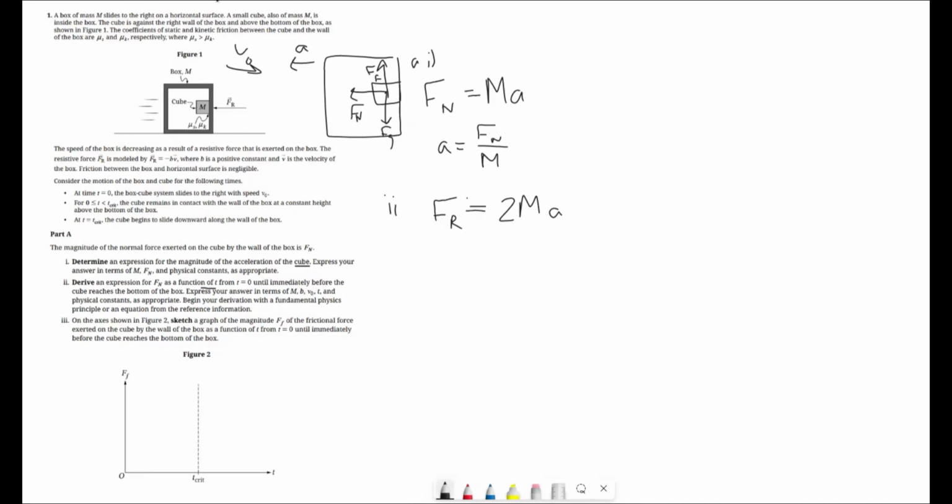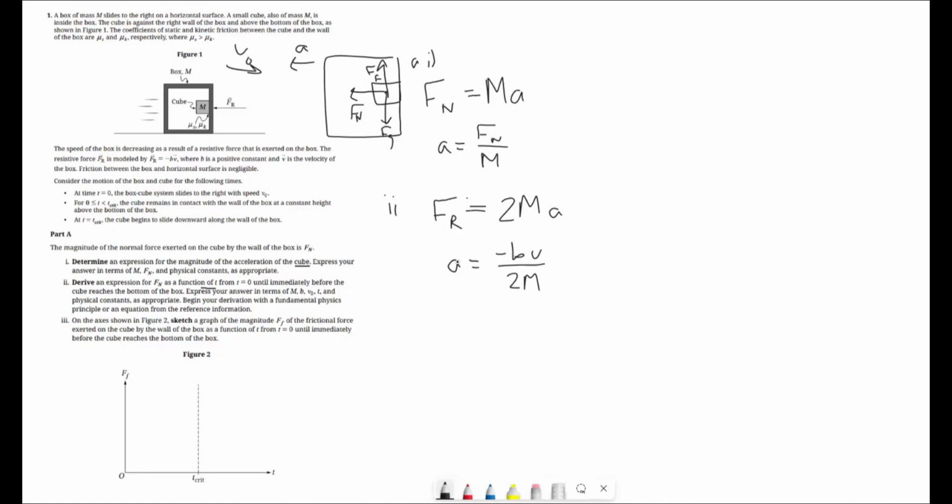Now this acceleration is going to be the same acceleration as the cube in that direction. But we don't have any time here. So let's solve for a. We're going to divide by 2m and also recognize that f sub r is equal to negative bv. So we're going to put negative bv over 2m. Now, how do we get this in terms of t?